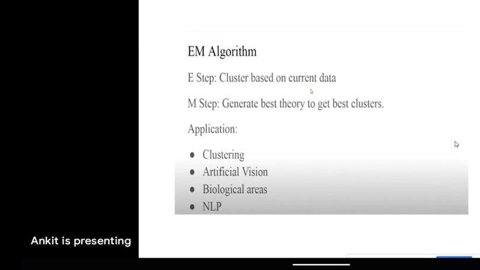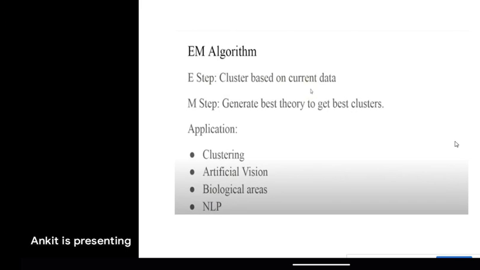The EM algorithm constitutes two steps. First is the E step, which is based on the current data, and the second one is the M step, which generates the best theory to get the best clusters. Now, what is this best theory? Best theory means the assumed theory.